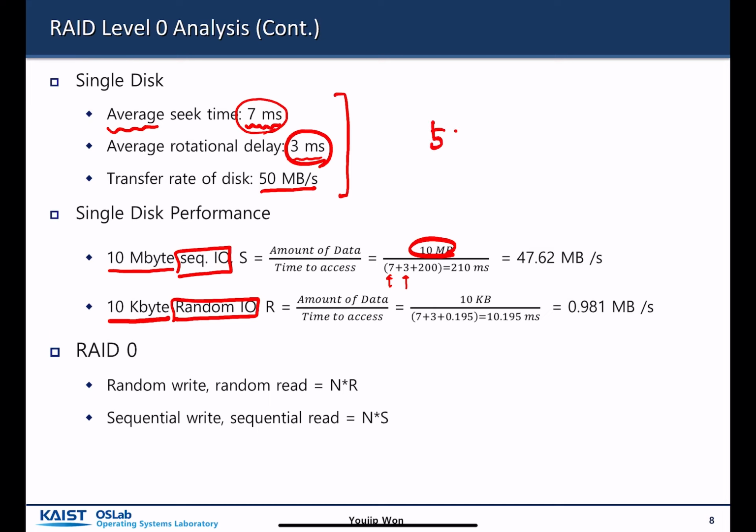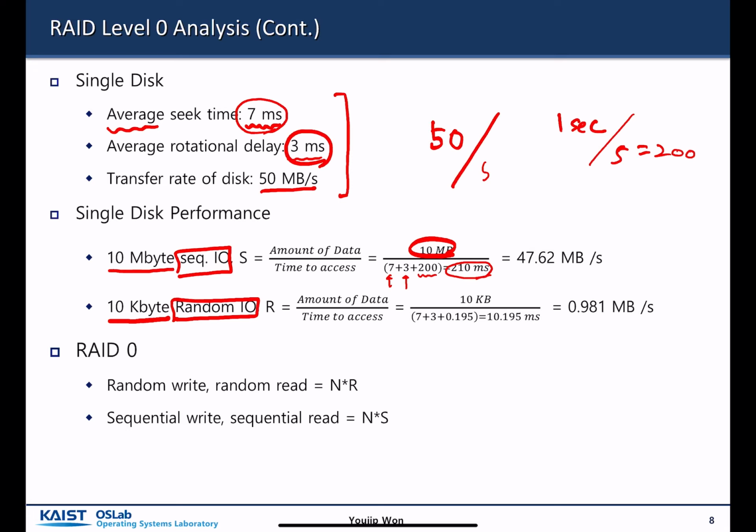We are reading 50 megabytes each second, so if you read or write 10 megabytes, you simply divide it by 5. It takes 1 second divided by 5, which gives 200 milliseconds. So the total time is 200 milliseconds in the denominator. Eventually we get 47.62 megabytes per second bandwidth for sequential I/O.